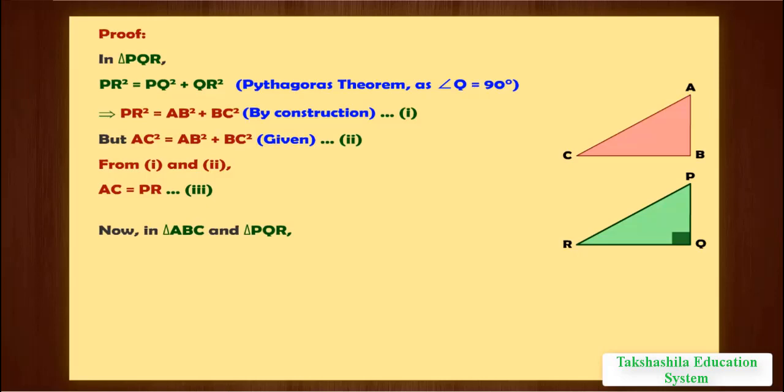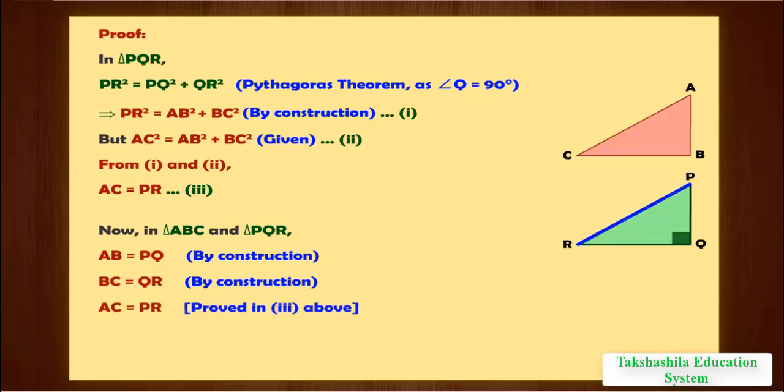Now, in triangle ABC and triangle PQR, AB is equal to PQ by construction, BC is equal to QR by construction, AC is equal to PR proved in 3 above.